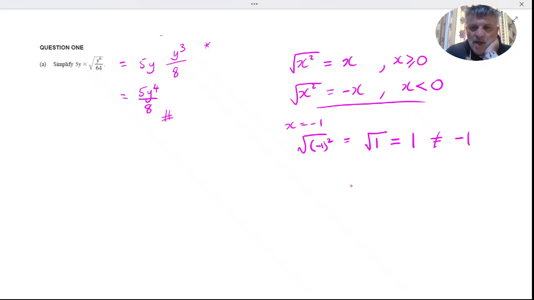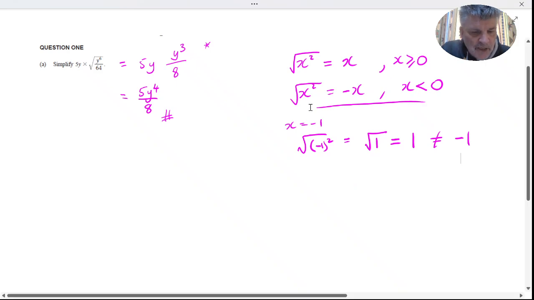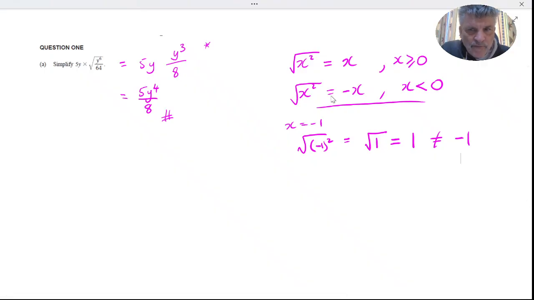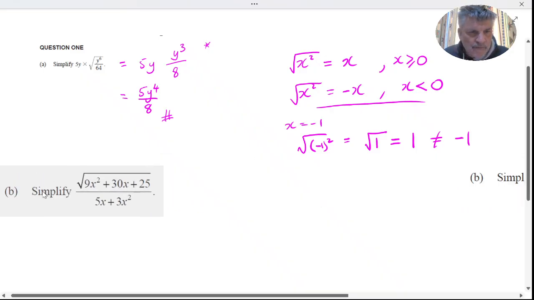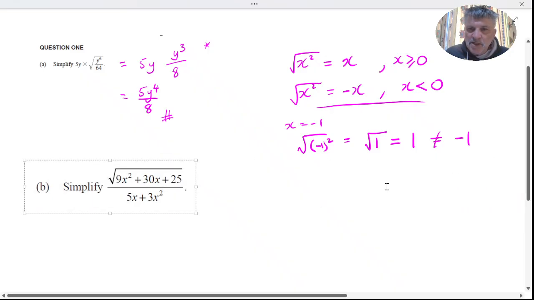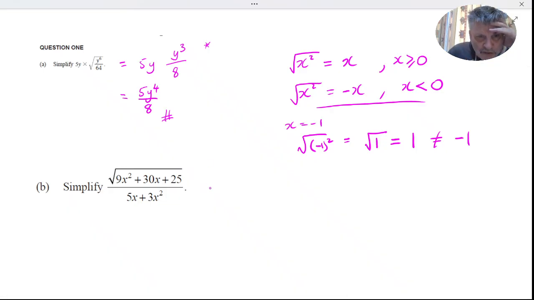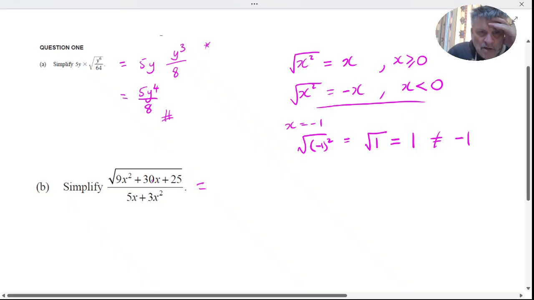So a problem of this type turned up in last year's level 2 algebra examination. The question was to simplify this beast, and the solution was to factorize the top line, and it factorizes to 3x plus 5 squared, and factorize the bottom line.